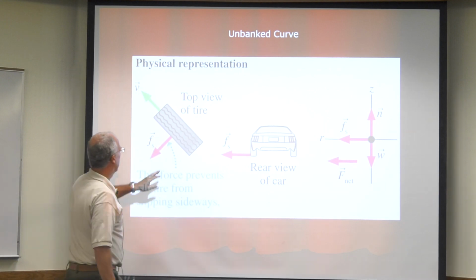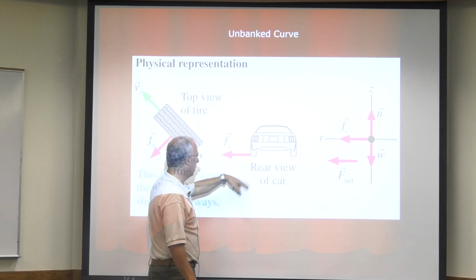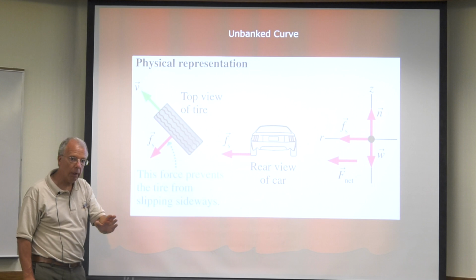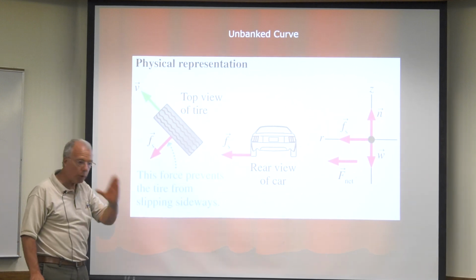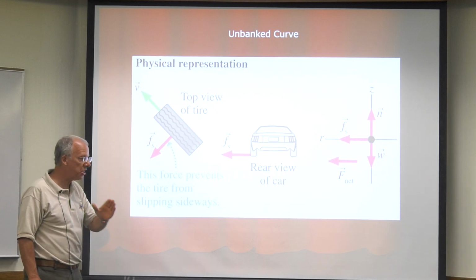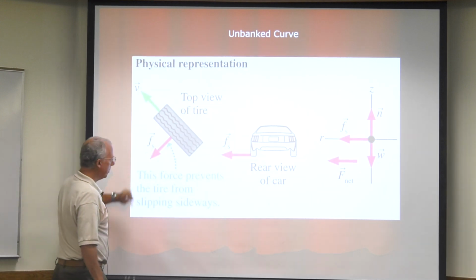Okay, so this is the top view. This is the rear view. Again, this points towards us. You're going in a circle, so there has to be a radial force. What's the only possible radial force? Static friction, because you're not slipping, you're not sliding like on ice. So this points towards the center of the circle.